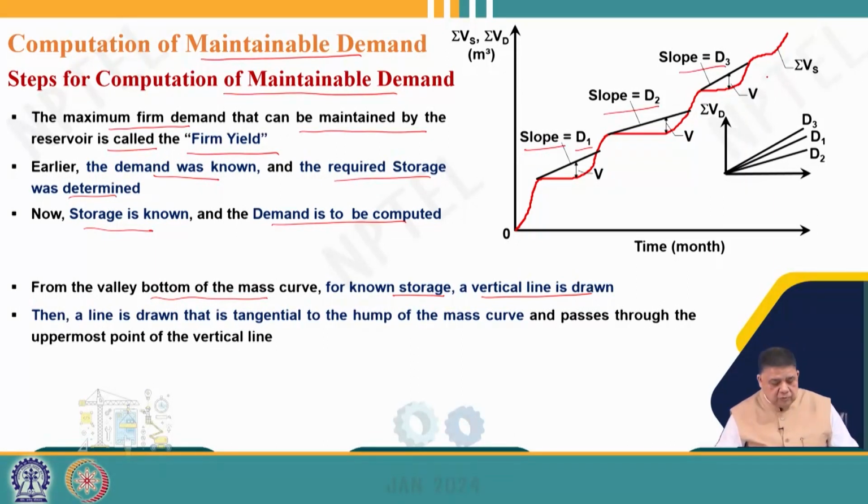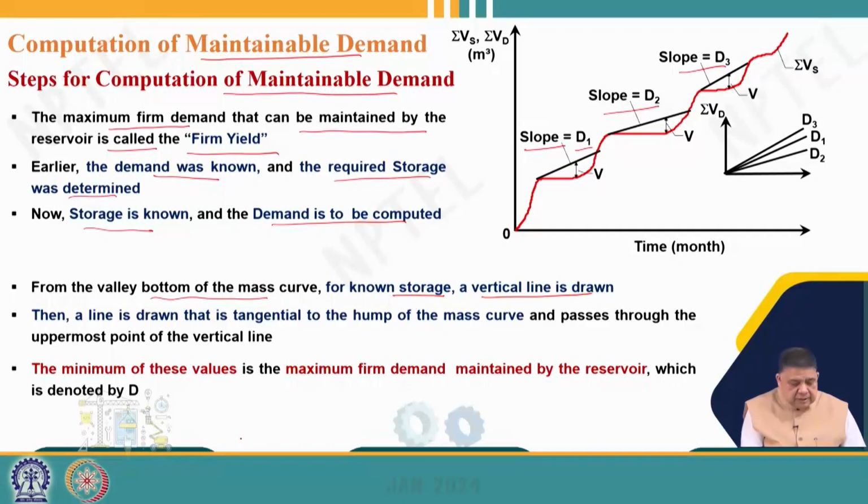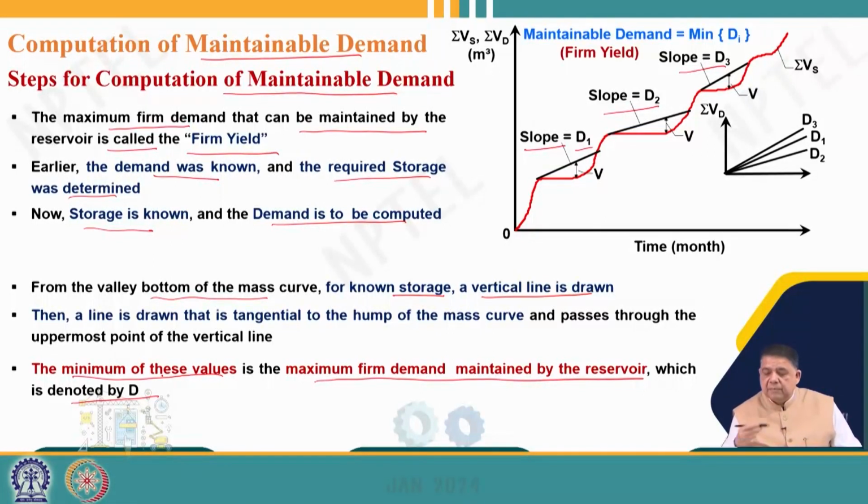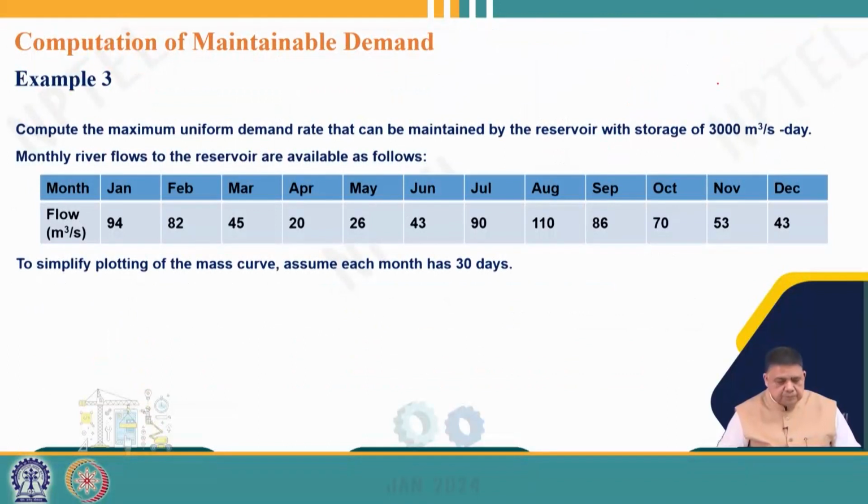Different demand slopes will be there, and of course, the minimum of these values is the maximum firm demand maintained by the reservoir, which is denoted by D. So, earlier we took the maximum of S, now it is the minimum of D, that will tell us the firm yield or the maintainable demand which the storage in the reservoir can sustain. So, we will take an example: compute the maximum uniform demand rate that can be maintained by the reservoir with a storage of 3000 cubic days, and monthly river flows to the reservoir as given.